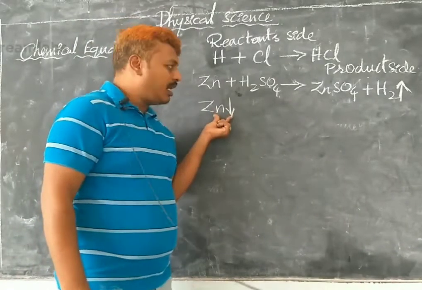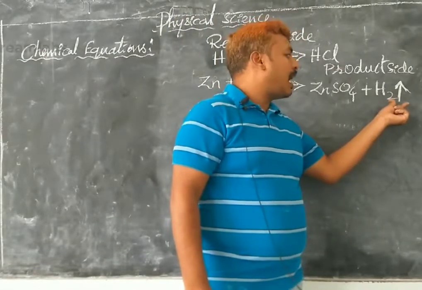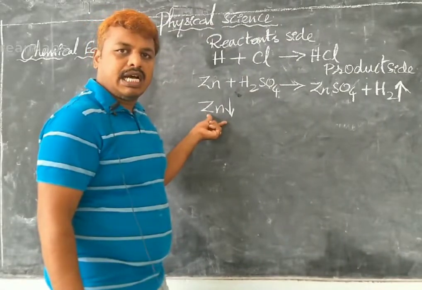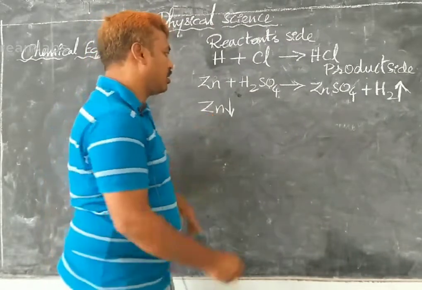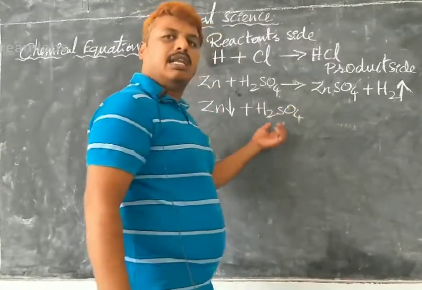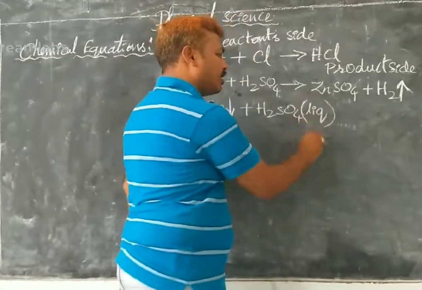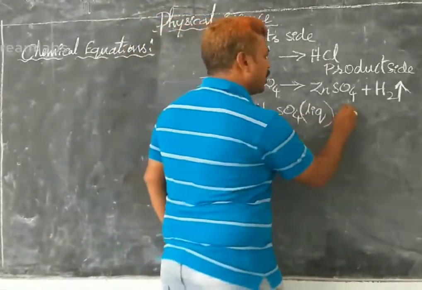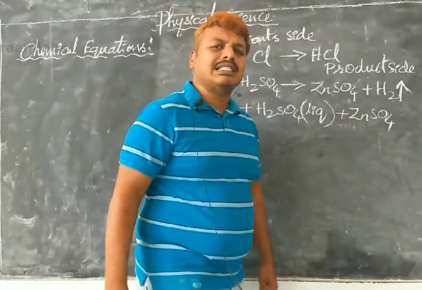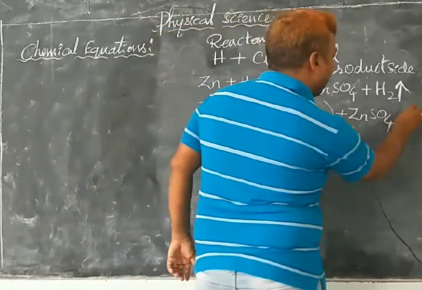Down arrow represents a solid, up arrow represents gas. Then H2SO4 is a liquid, we write it as LiQ, and it will give you ZnSO4.